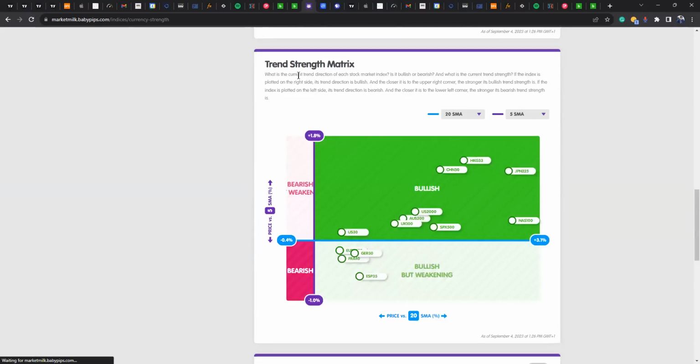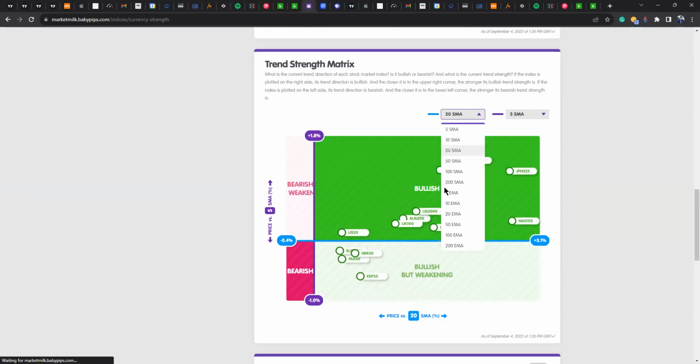Trend strength: what is the current trend direction of each stock market index? If the index is plotted on the left side, its trend direction is bearish, and the closer it is to the lower left, the stronger its bearish trend. Look, it's using 20 simple moving average.